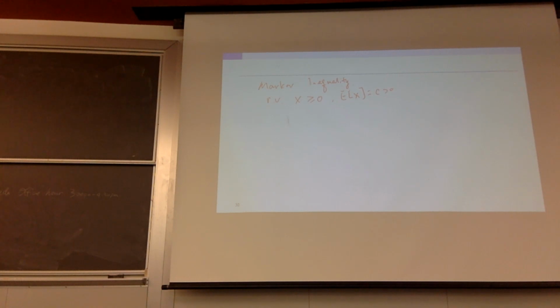What Markov inequality says is that the probability of x greater than some number a is smaller than or equal to the expectation divided by a. This is the Markov inequality.